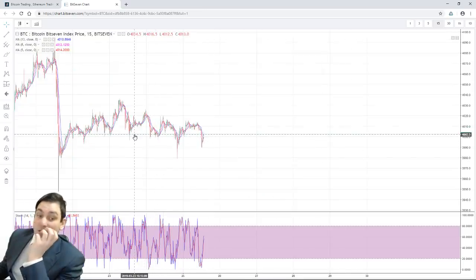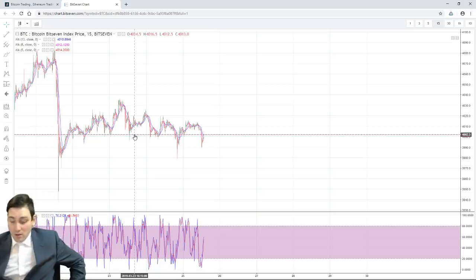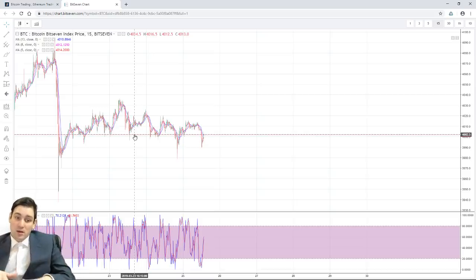So guys, volatility is not so big. Actually, Bitcoin and other cryptocurrencies are considered to be very volatile, and that's the point. You can play on those big movements, but that's not the case every time. Sometimes the market is quite calm because the balance is pretty much even.